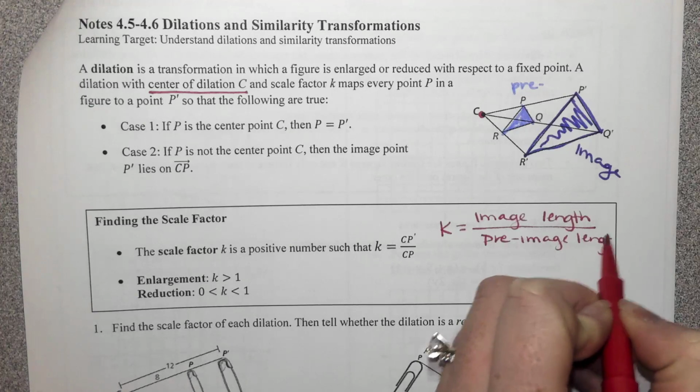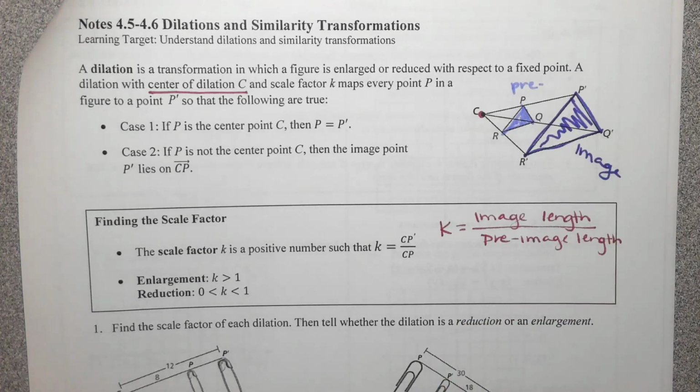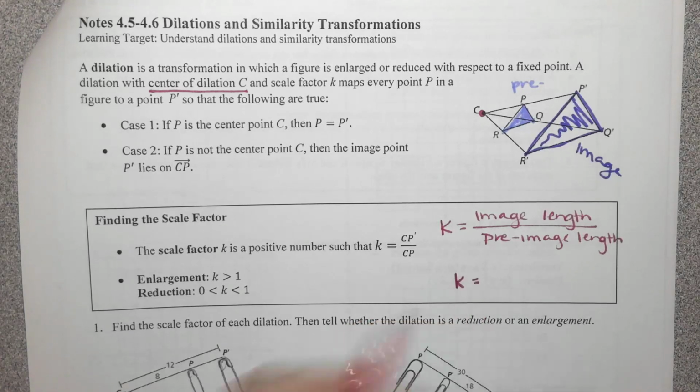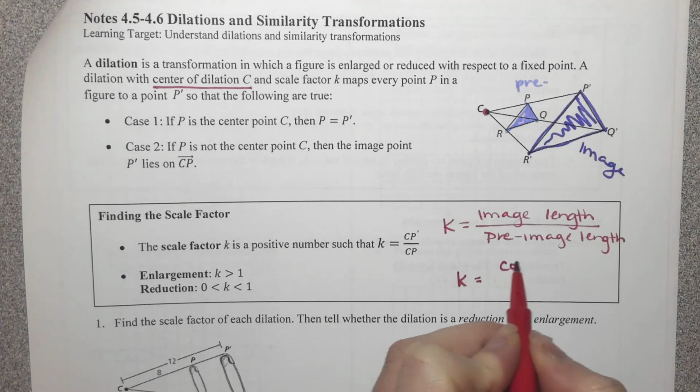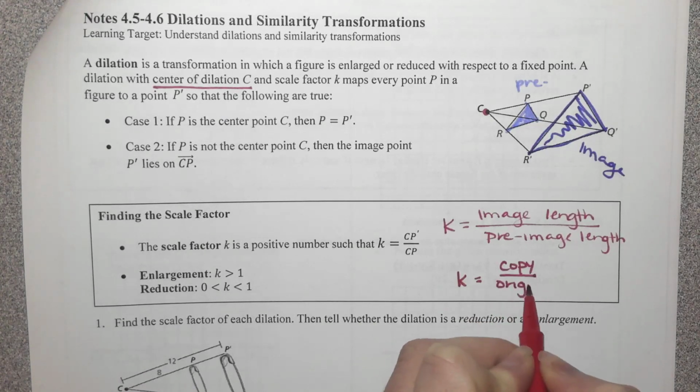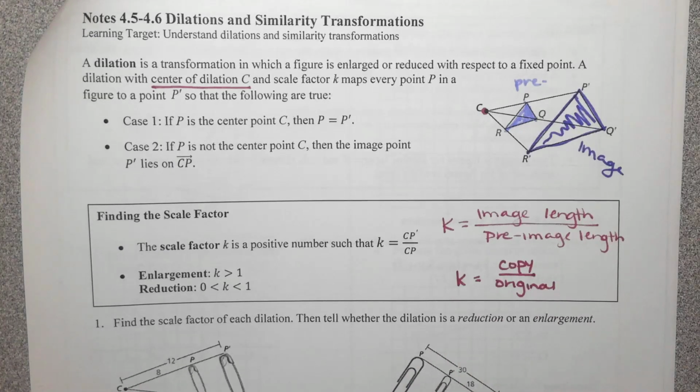Whichever way you want to think of it is fine: the prime notation divided by the regular, or image divided by pre-image. Some people think of it as the copy divided by the original. To me, that's confusing, but if that works for you, then use that.